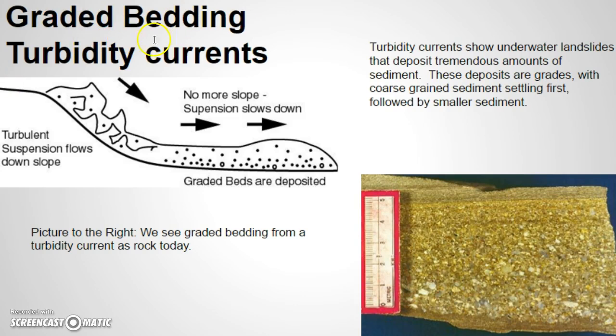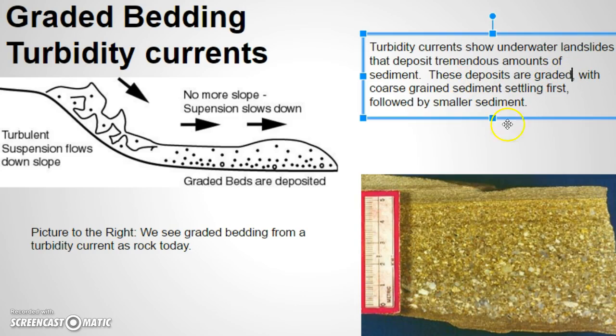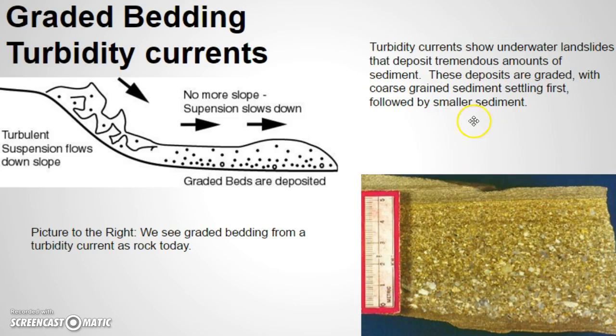Then we can talk graded bedding from turbidity currents. A turbidity current is an underwater landslide, generally in oceans, that deposits tremendous amounts of sediment. And these sediments are graded, with coarse-grained sediment settling first, followed by smaller sediment. And I see that here. Large, I can actually get some rounded cobble and pebbles, right, gravel-sized sediment. And then by the time I get to the top, I get much finer sands.